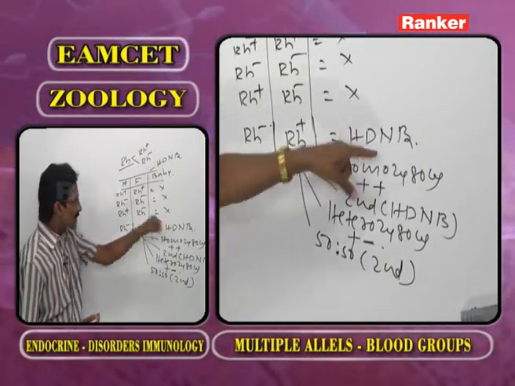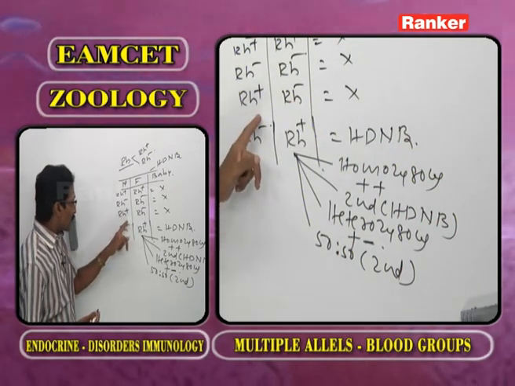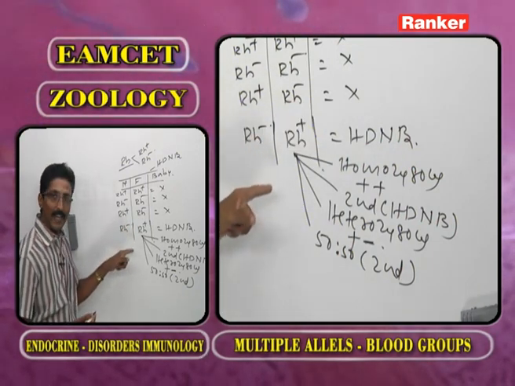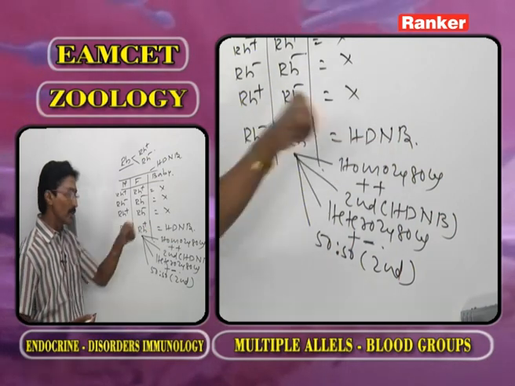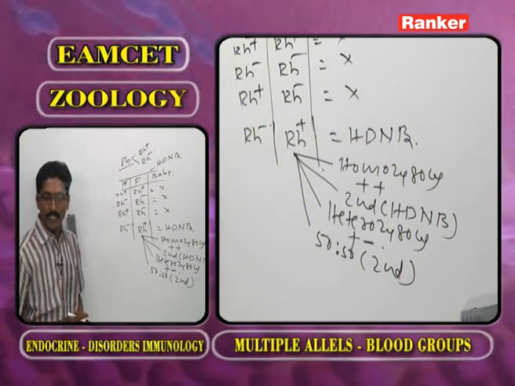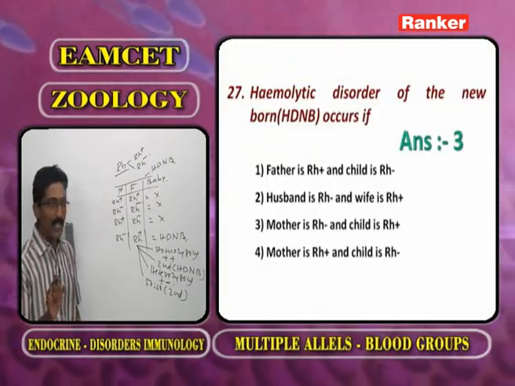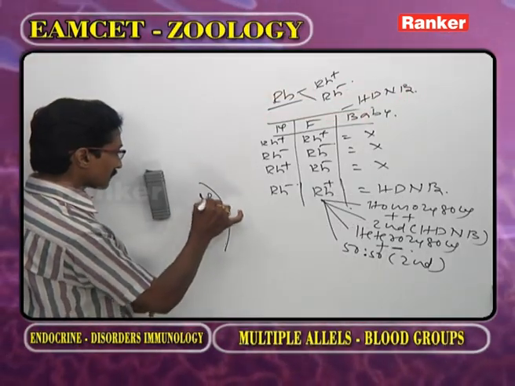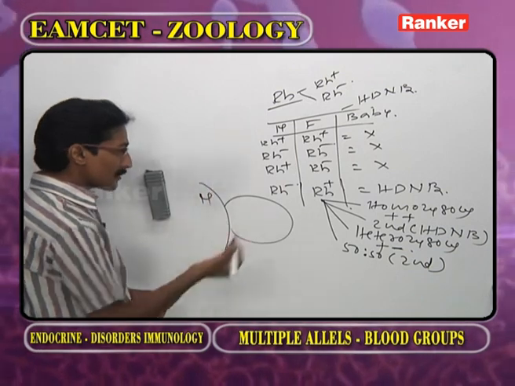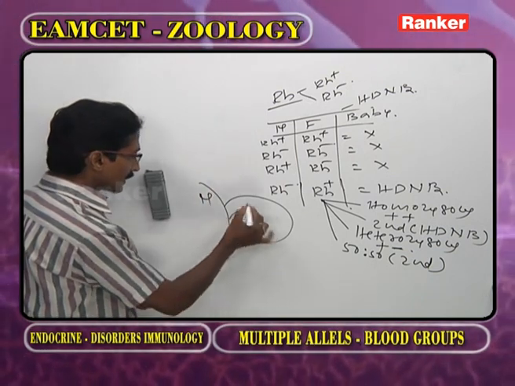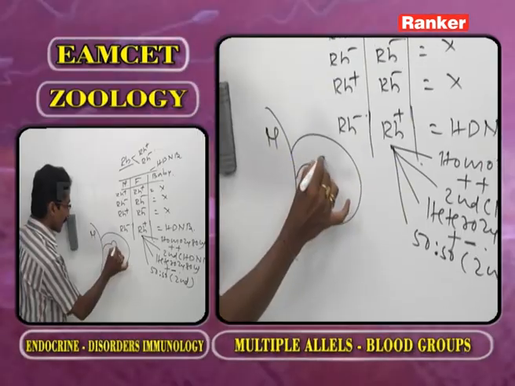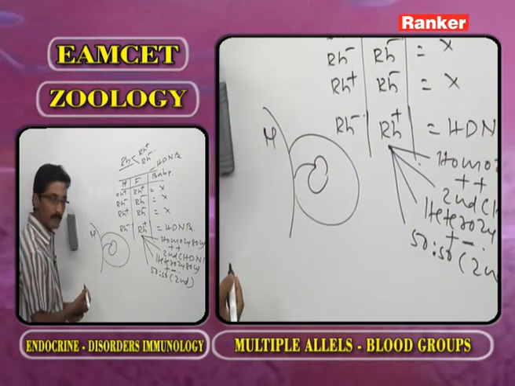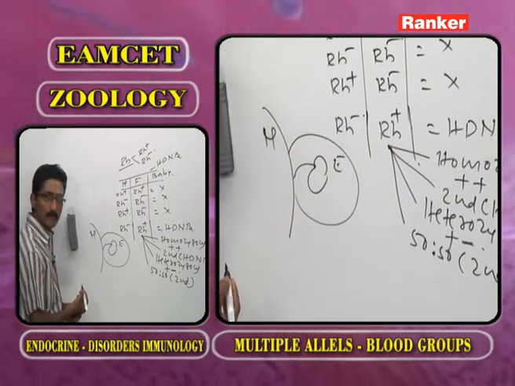Whenever we are getting this problem, if the mother has no Rh antigen, then only we are going to get this problem. Here what is the question? HDNB occurs. Now this is the mother and this is the mother's uterus and the placenta, and the baby is going to develop. Now this is the embryo.